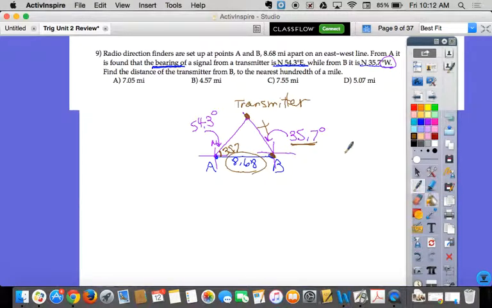What's lovely about this is if you come on the other side, that means 54.3 is right here. If these two are complements, then that means there's your total of 90. Therefore, the other angle must be 90. So this bottom is your hypotenuse.